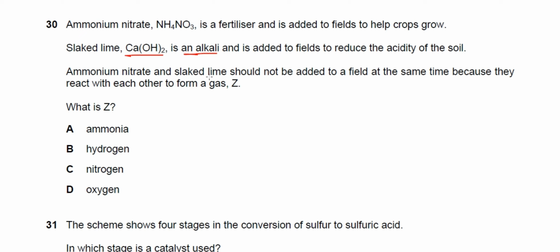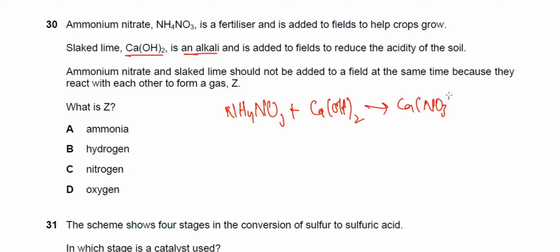Ammonium nitrate and slaked lime should not be added together, because whenever any ammonium salt is combined with any base or alkali and heated, this will give us a salt, calcium nitrate in this case, water and ammonia gas.